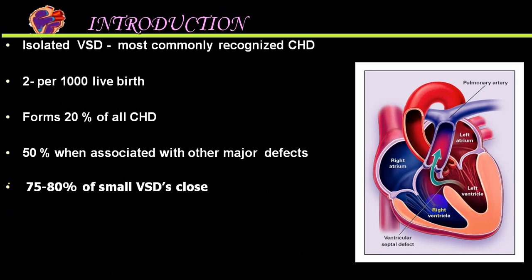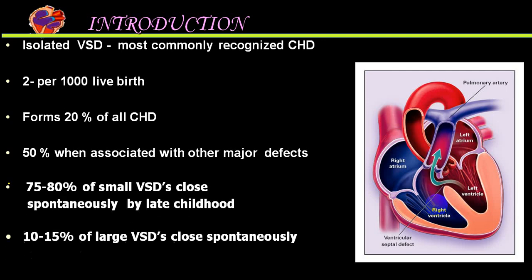By and large, 80% of small VSD, or muscular defects, will close on their own. We call it spontaneous closure. 10 to 15% of the large VSD can also close spontaneously if they are muscular variety. 60% of the defects will close quite early.